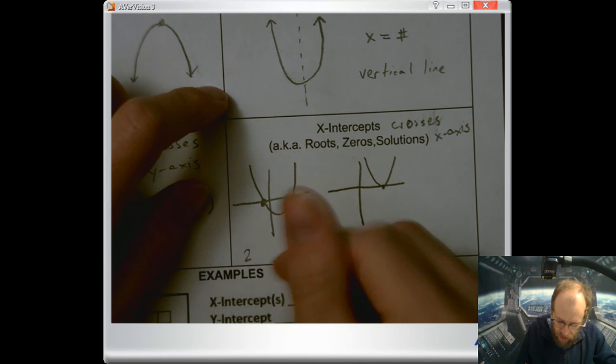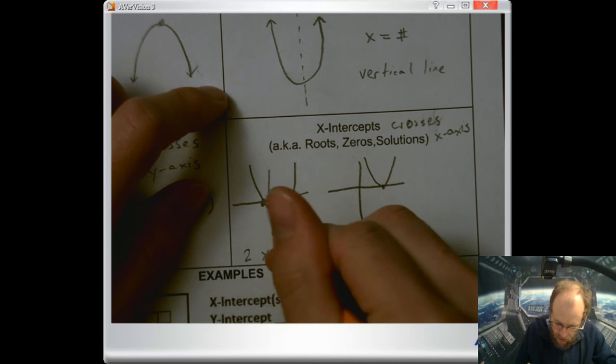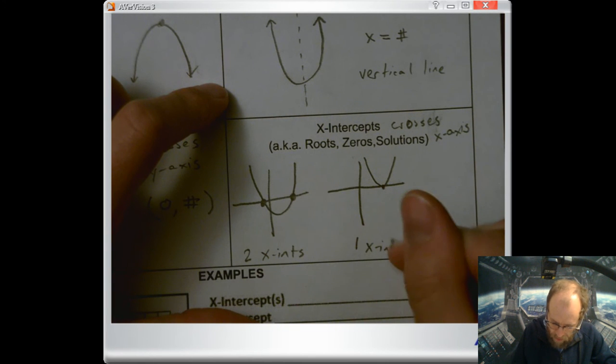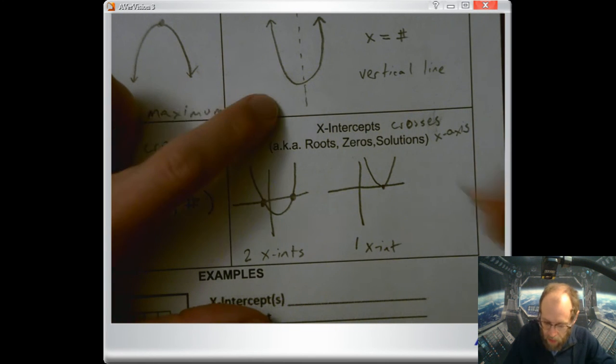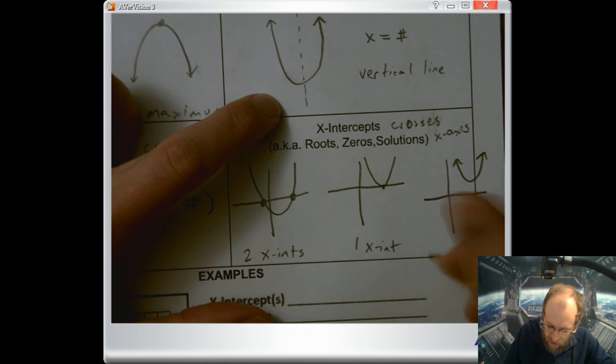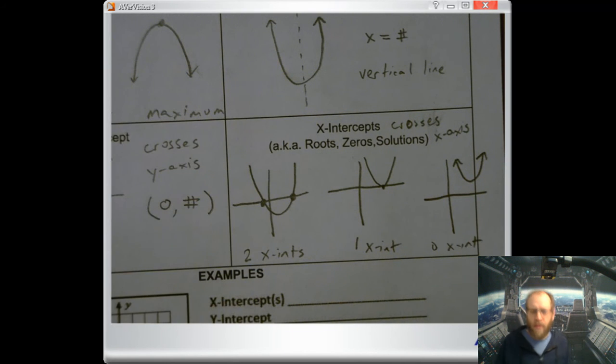In that case, it only has one x-intercept. Or something almost as crazy can happen. Your parabola might miss the x-axis entirely, and then it has 0 x-intercepts.